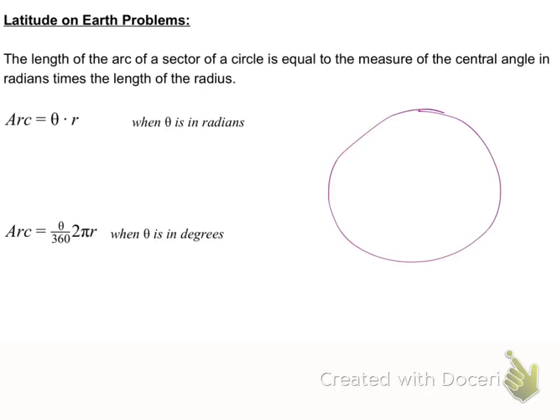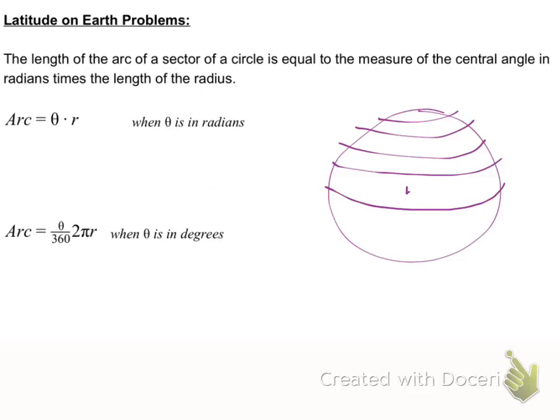On the Earth, the equator would be something like this, with the center and a radius. Each one of these lines represents a new latitude, and each has a degree based on how far away from the equator it is: 1 degree, 2 degree, 3 degree, 4 degree, and so on.